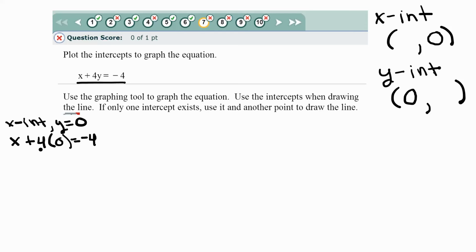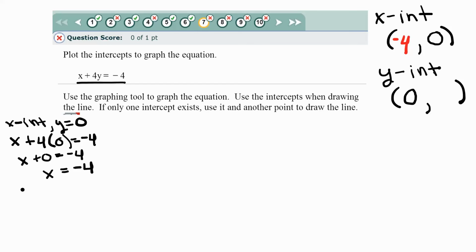Now 4 times 0 is just 0, so we have x plus 0 equals -4. X plus 0 is just x, so x equals -4. So our x-intercept is the point -4, 0.